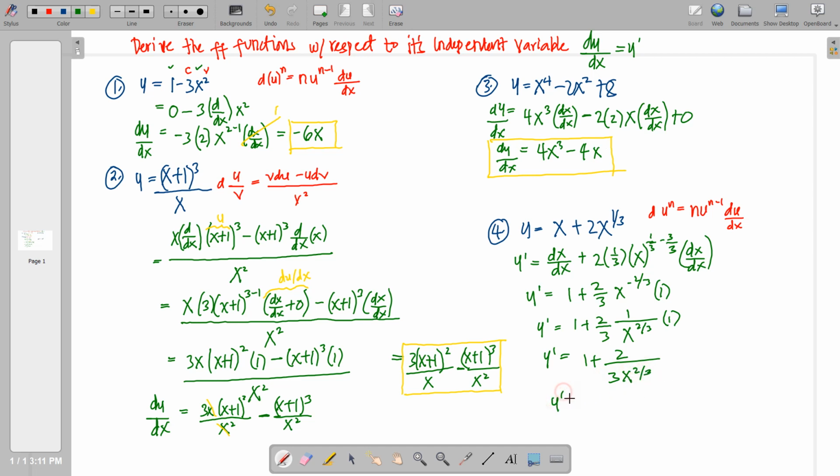And then y prime, 1 plus 2 all over 3 cube root of x squared. Okay, so this is the answer.